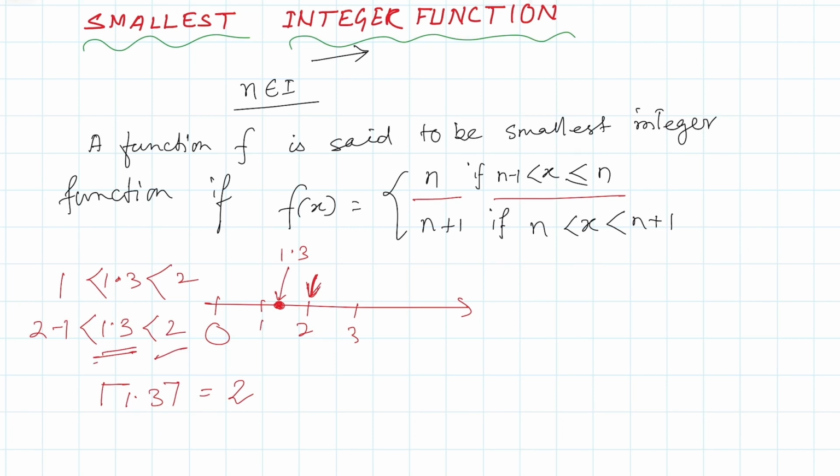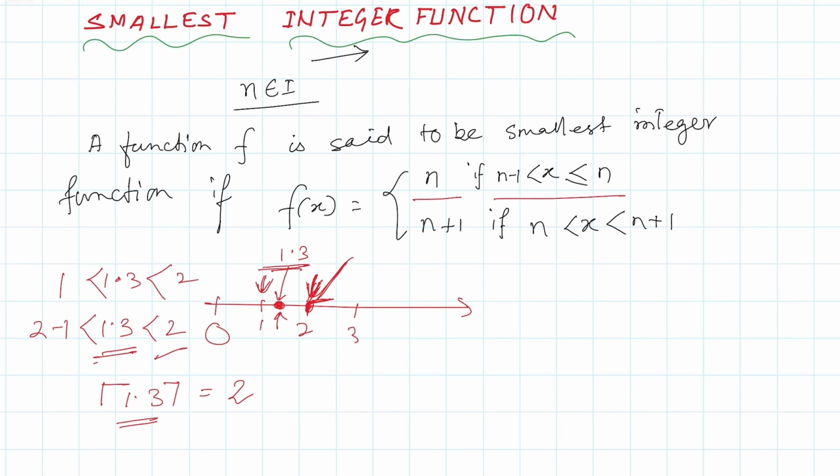But in case of the greatest integer function, we had to take the greatest integer on the left side. For this function, the smallest integer function, we need to take the smallest integer on the right hand side of the number taken here.